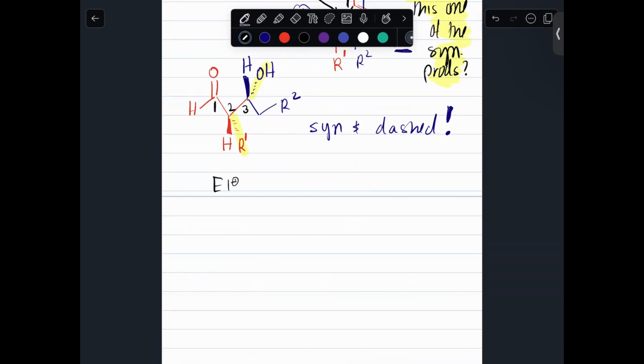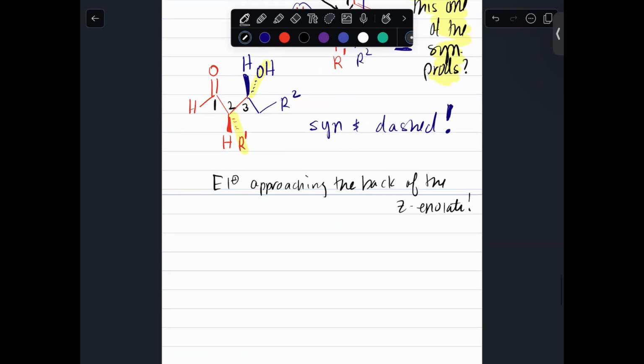Electrophile approaching the back of the Z-enolate. And so it shouldn't come as a surprise that the electrophile approaching the back of the Z-enolate should give us the syn wedged product, but we'll draw it again.